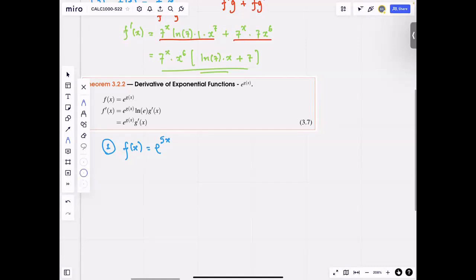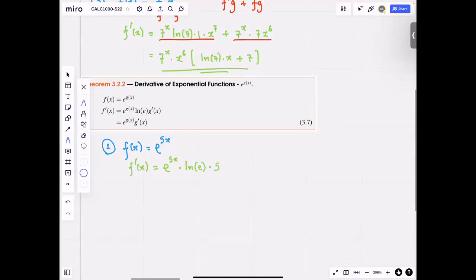Because this is just an exponential function, first we copy the function exactly as is, so I have e to 5x. Then you multiply by the ln of the base, and then multiply by the derivative of the exponent. What is the derivative of 5x? The derivative of 5x is equal to 5.